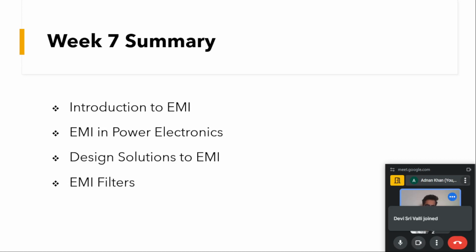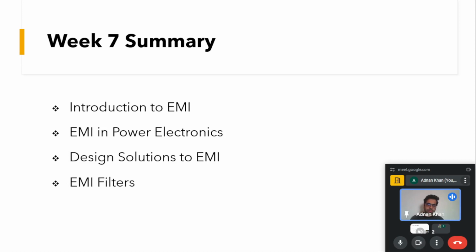What effects it will have on different devices, and so on. How we can limit these EMI, how we can design the filters in order to limit the effect of these EMI on our devices. And ultimately, these EMI should not affect the operation of our converters.